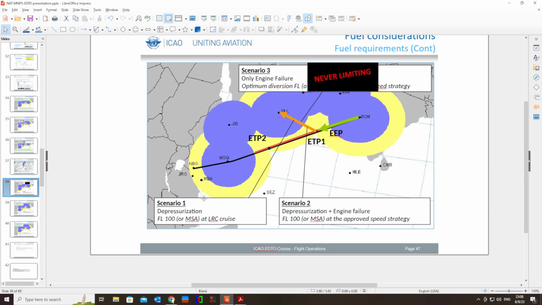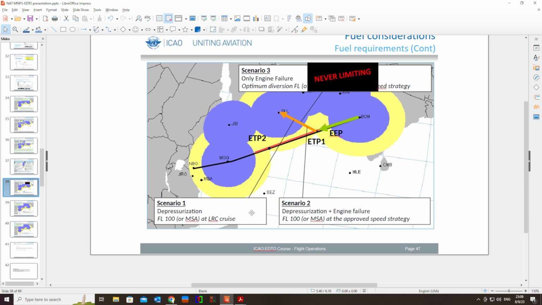The second scenario is the decompression. That means that you have to descend to flight level 100 or MSA and at LRC cruising speeds, long range cruise speed, in order to save fuel.